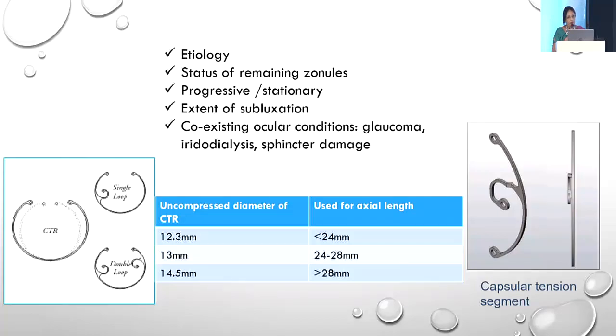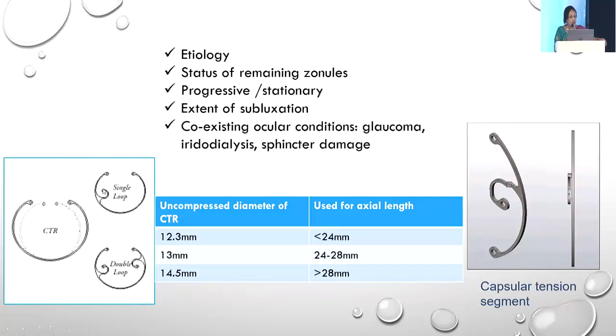Suppose we are dealing with pseudo-exfoliation, you don't expect that the remaining zonules are going to last in the times to come. So you need something to fix the bag itself. Now, these are the various devices in this picture. The commonest device being used by all of us is the CTR, that is the capsular tension ring.